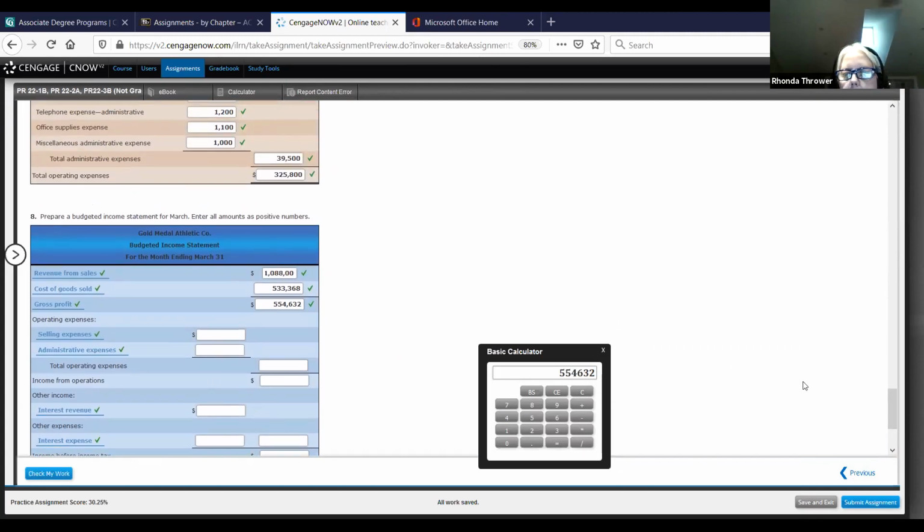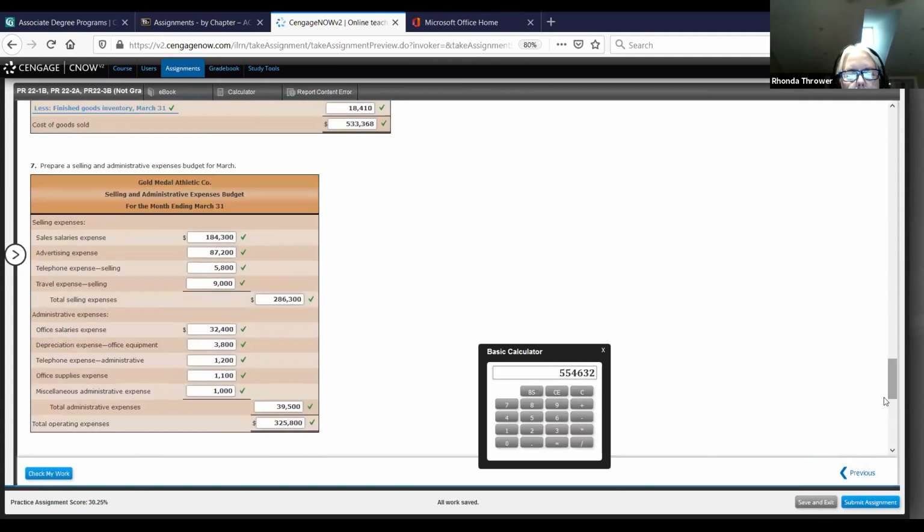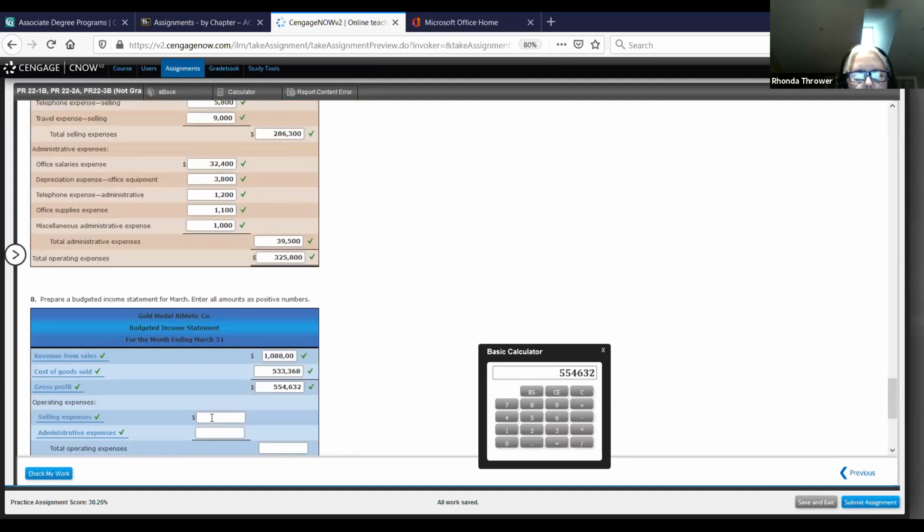The next thing is to pick up your operating expenses. Your total selling expenses was $286,300. Your total administrative expenses is $39,500. And if you add the two of these together, it'll give you your total operating expenses of $325,800.